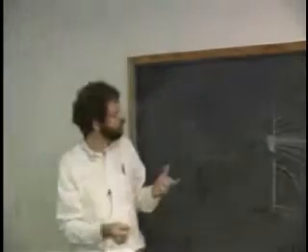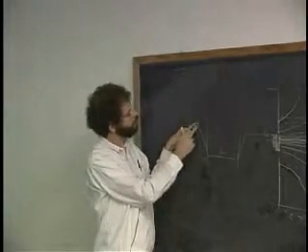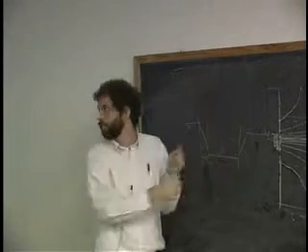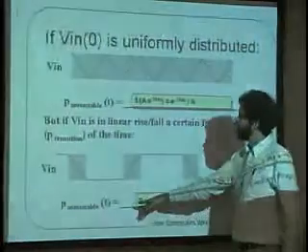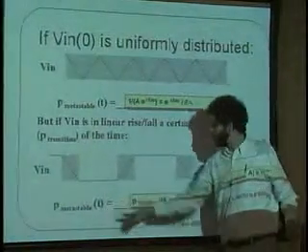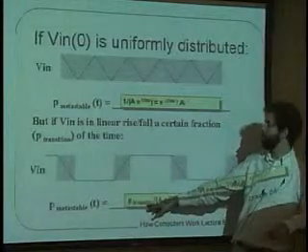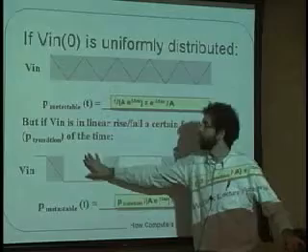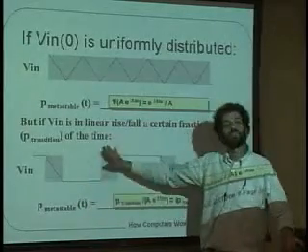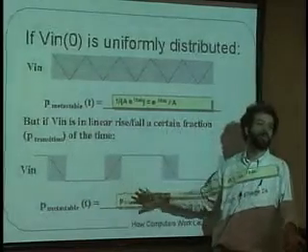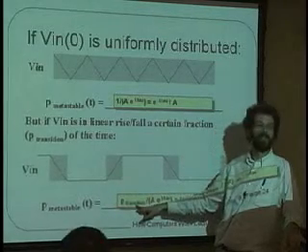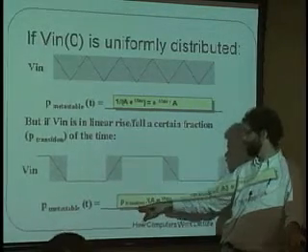Now, you have to take into account the fact that it will only be in transition a fraction of the time. And so that's what we take into account here. The probability that you are metastable after time t is equal to, first of all, the probability that you're in transition at all. So if 80% of the time you're not in transition, then only 20% of the time do you have a probability of being metastable. So that's why you multiply by the probability that you're in transition.